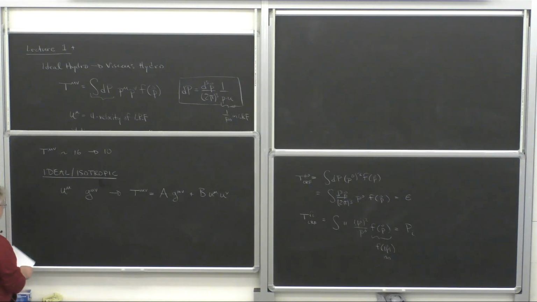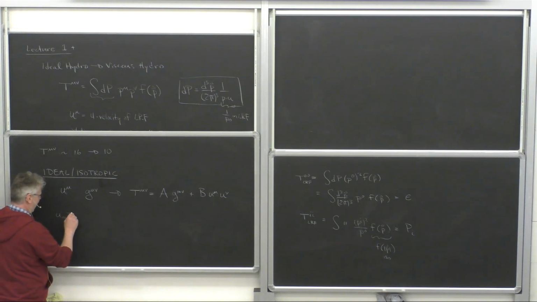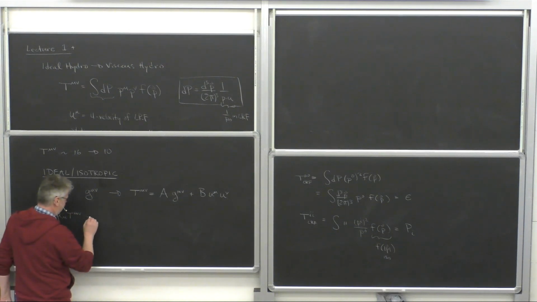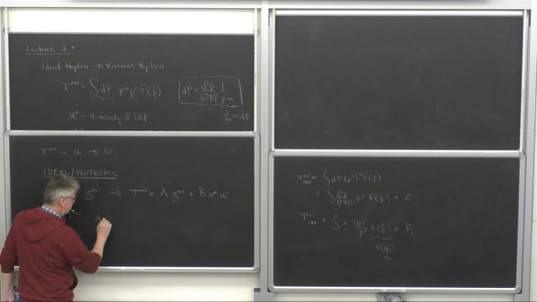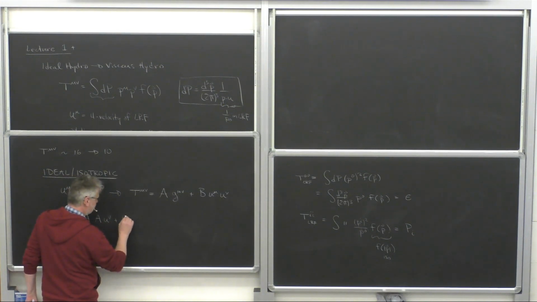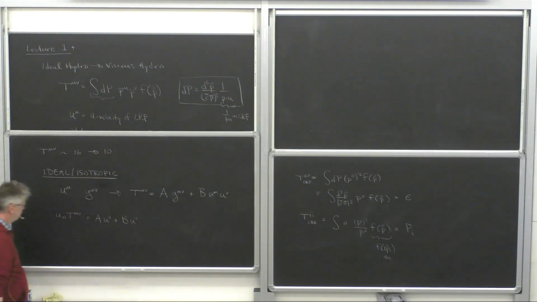Let's look at one case. So if I come in with this vector u mu and I hit T mu nu, I get that. Agreed?